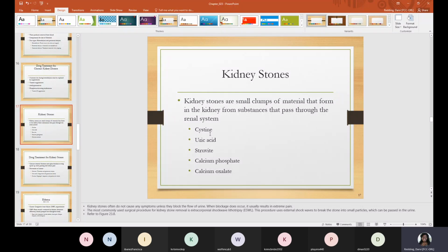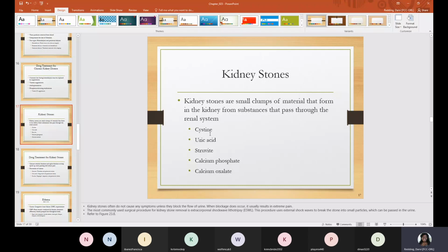And so when blockage does occur, it usually results in extreme pain. The most commonly used surgical procedure for kidney stone removal is abbreviated ESWL. The procedure actually uses external shock waves to break the stone into particles, which can be passed into urine. For examples of what that may look like, you can refer to figure 23.8 in your books.